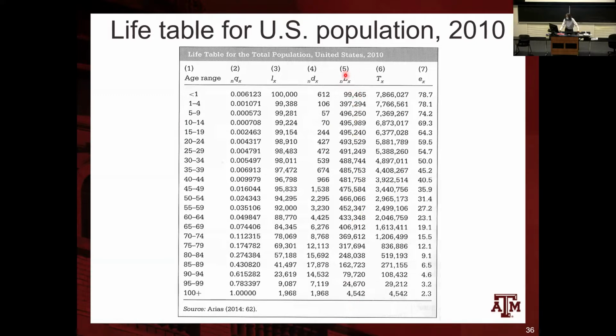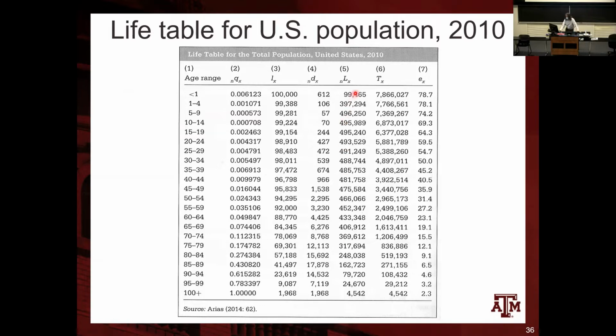Because this column, what does it represent? The overall number of years that these people here lived in this age group. It's here. The overall number of years that these people here lived in this age group, 397,000. The overall number of years that these 99,000 lived in this age group, 496, and so on. So this number here, if we represent it in percentage terms, we can get the pyramid, right? And we have to get this information by sex.